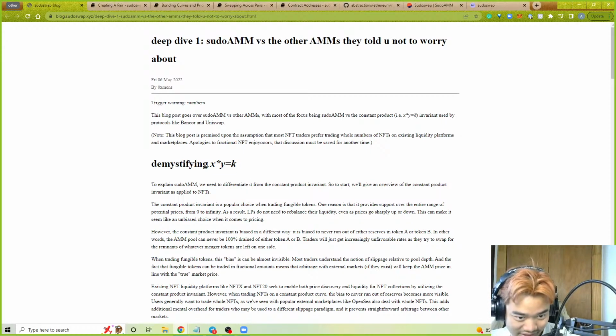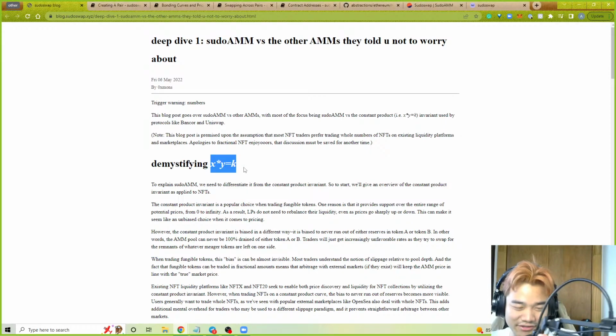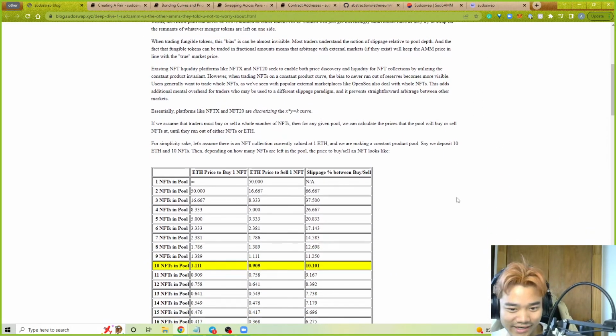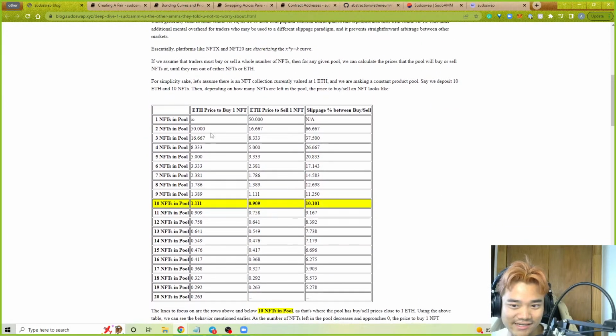Instead of using the constant product invariant that Uniswap uses to put things on a curve where as liquidity of one side starts falling too low, the pricing goes to infinity, which is kind of what NFTX uses for their price invariance.